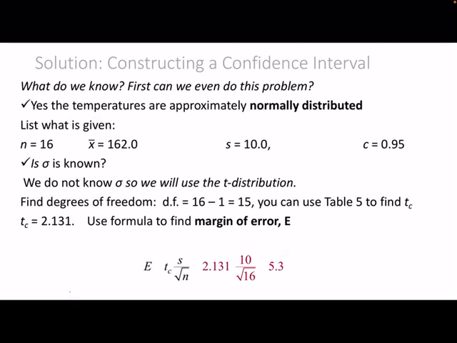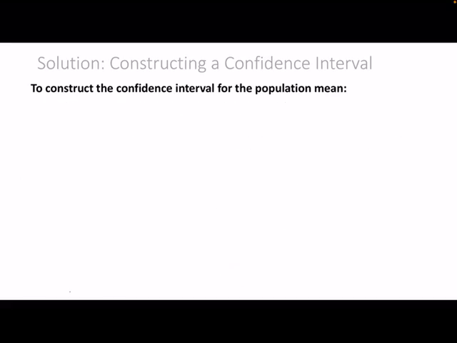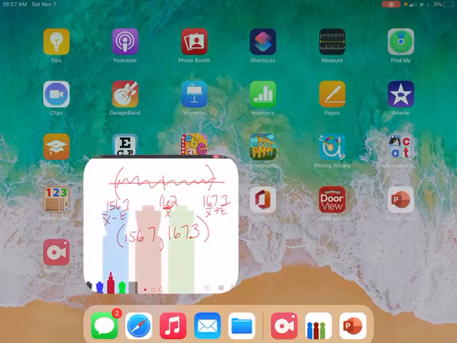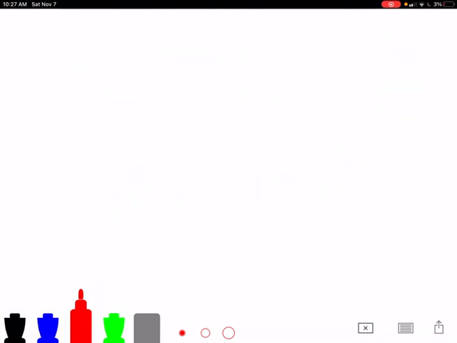So then I want to construct my confidence interval. Let me go to the whiteboard. My point estimate is 162. That's my sample mean.